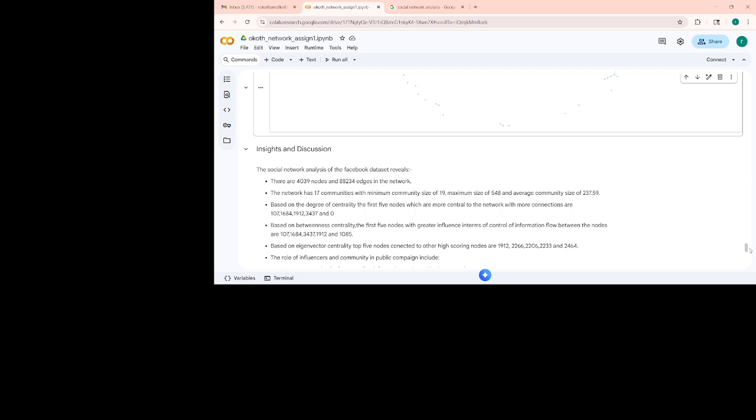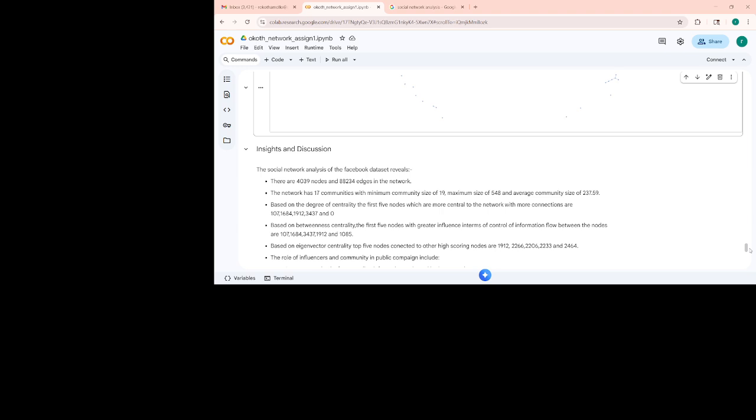Then, based on degree centrality, we were able to determine the 5 nodes which were more central to the network and with more connections, the first one being node 107, 1684, 1912. Also, based on betweenness centrality, we were able to get the nodes with greater influence in terms of control of flow of information between the nodes, and these were 107, 1684, 3437, and 912 in that order.